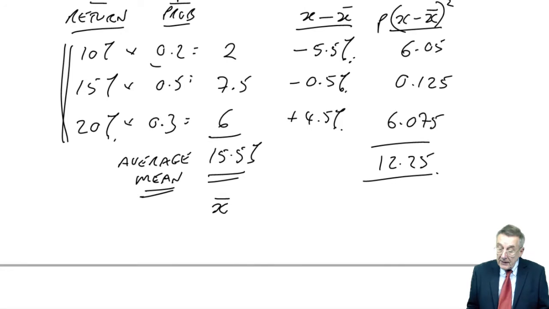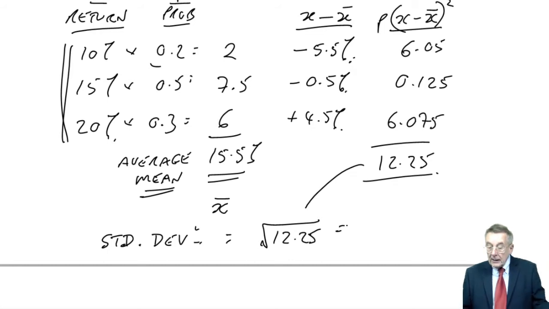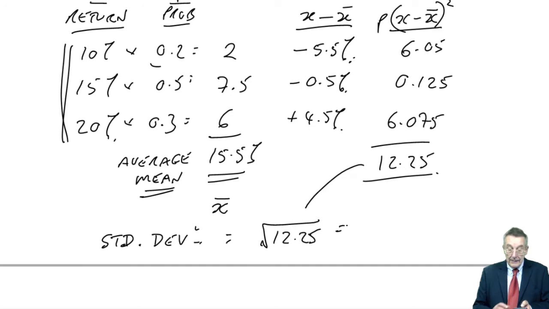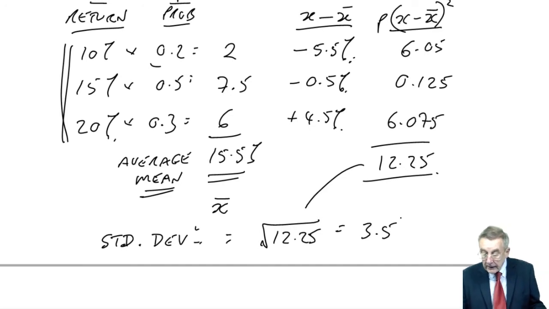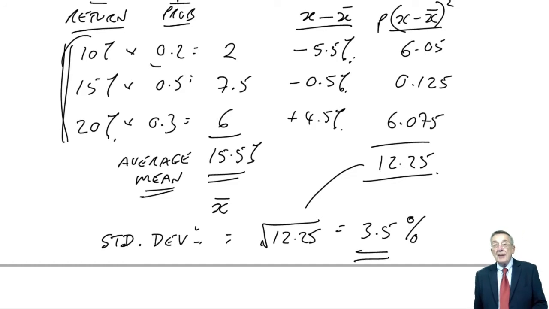So to get back to the same units, the standard deviation is the square root of that figure, which is 3.5. And we're now back to the same units. Because it was percents that went in, this is a percent. Had the original figures been dollars, this would have been dollars.